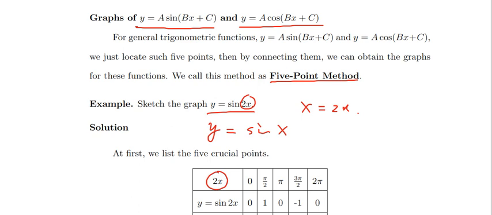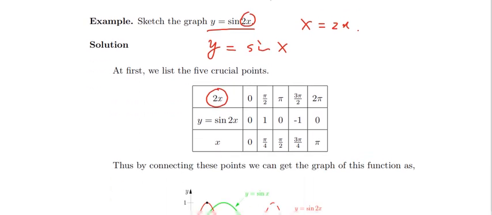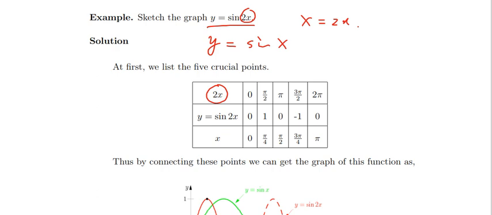But we want to sketch the graph about x and y, not 2x and y. So we just change to x. When 2x equals 0, what is x? We just need to find those x. When 2x equals 0, x equals 0. When 2x equals pi over 2, what is x?